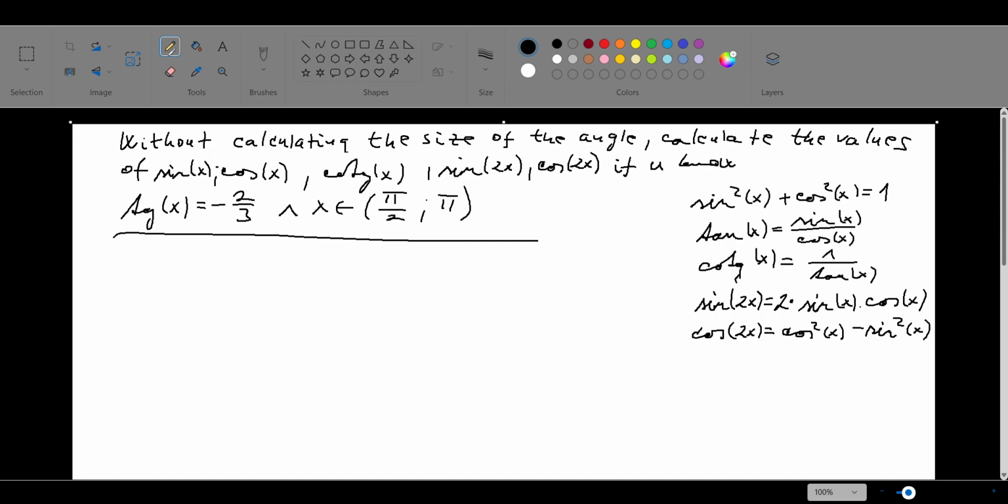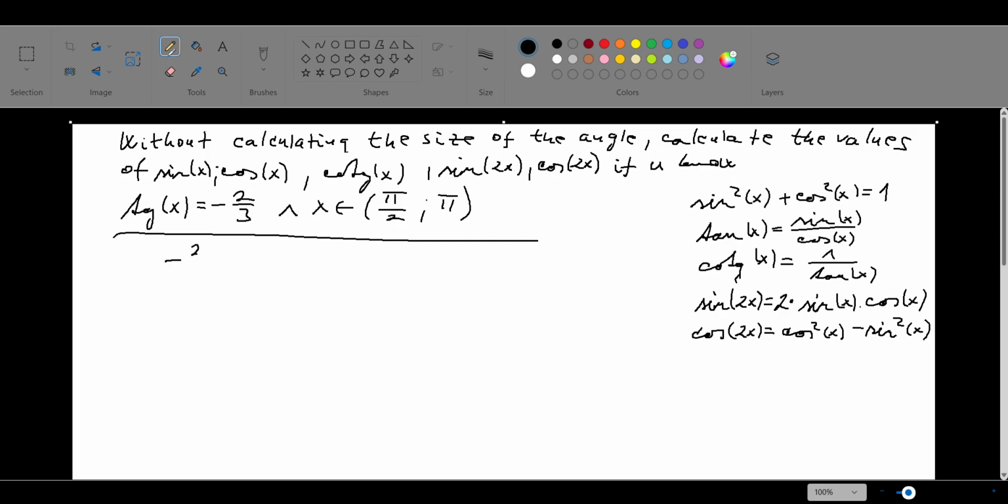So the main task is to find out what the sine and cosine are equal to. How do we do that? From this information we can very easily read that, and we should use the identity, the formula that tangent x is equal to sine of x over cosine of x. So let's use this one first.